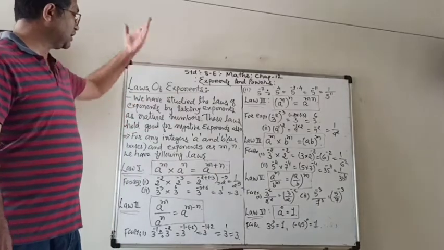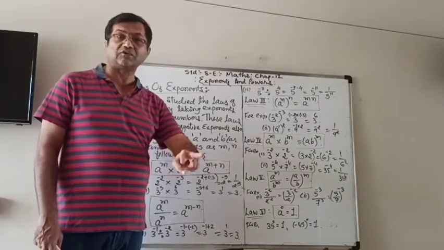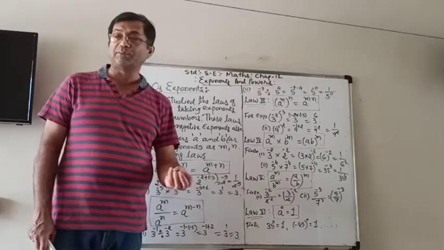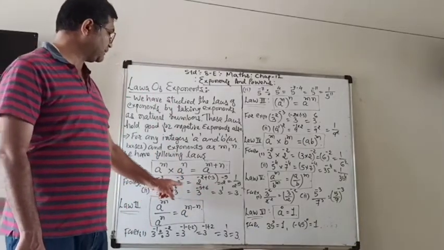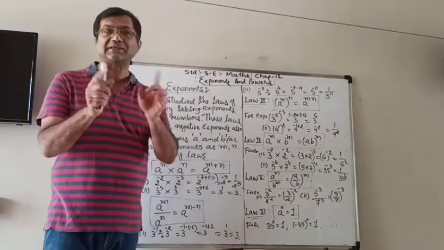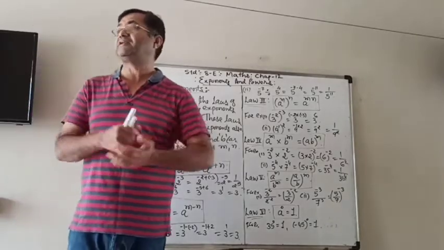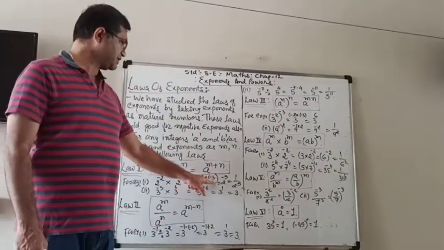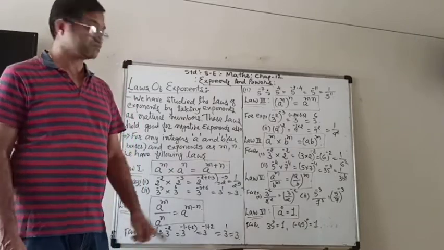And as we learned in the beginning, a negative power can be converted to a positive power by taking the reciprocal. So when the bases are the same and they are multiplied, then the powers are added. So 2 raised to minus 2 plus minus 3 is equal to 2 raised to minus 5.